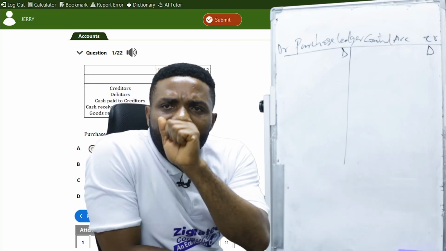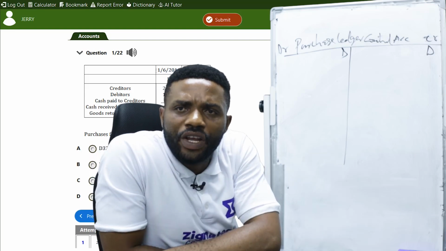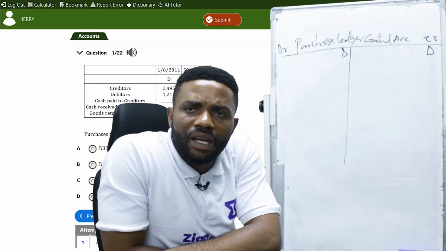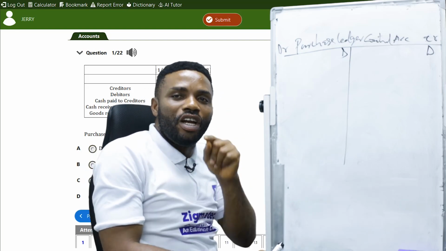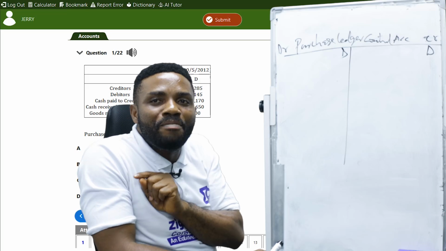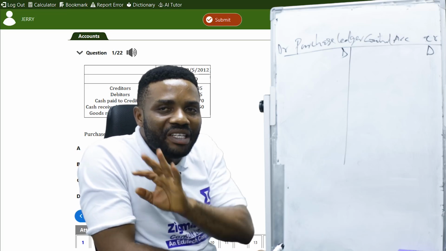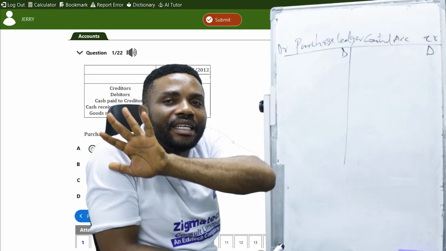Now, if you look at these transactions given here, we have creditors, we have debtors, we have cash paid to creditors, cash received from customers, goods returned to suppliers. The examiner here knows that we don't have any business with debtors, because we are not concerned about debtors.